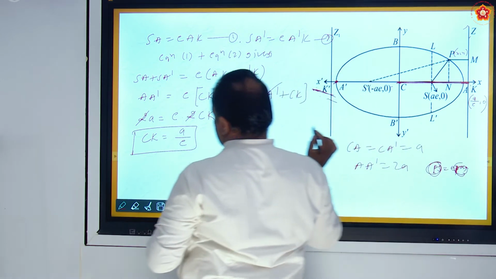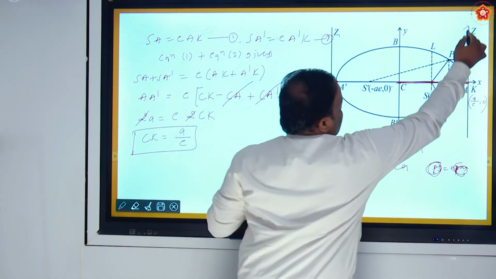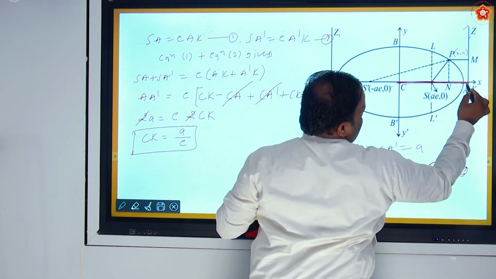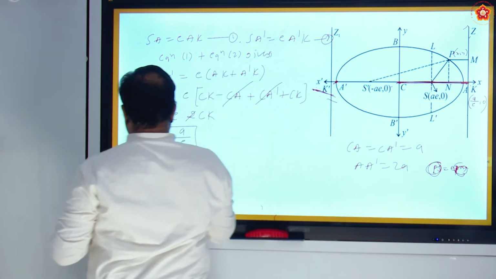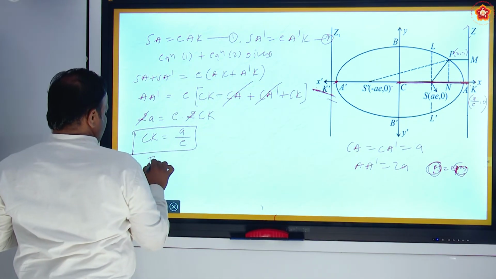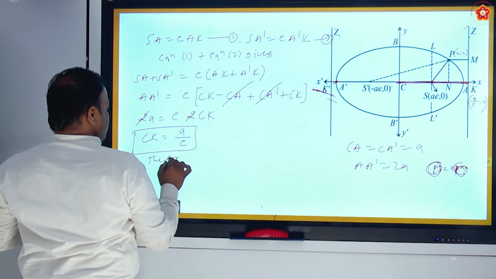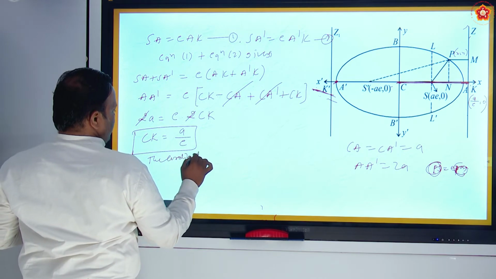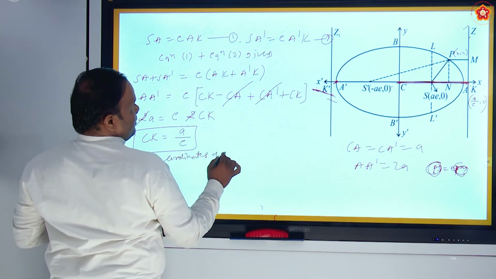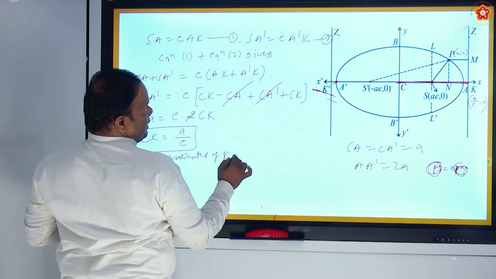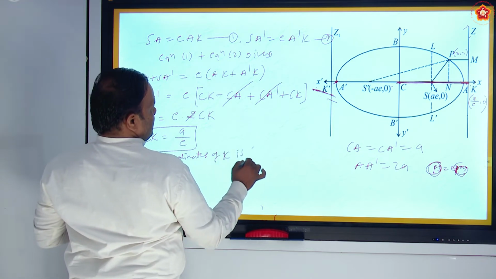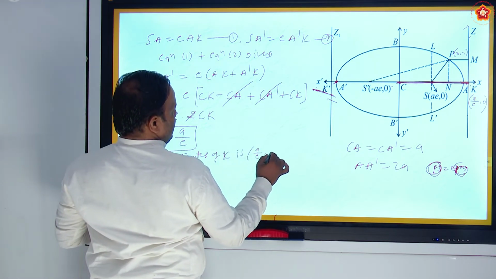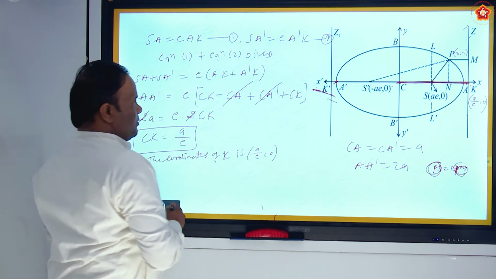Then what is the equation of the directrix? Actually this is the directrix, no? You take any point here, A by E. Therefore, the coordinates of K are minus A by E comma 0.